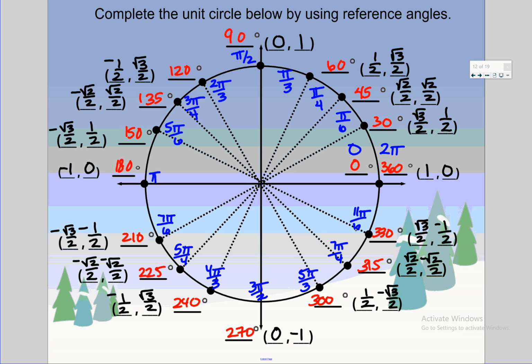The reciprocal of that is -1. What is the secant of 2 pi over 3? -2. So we find the cosine, which is the x coordinate, and we flip it, -2.